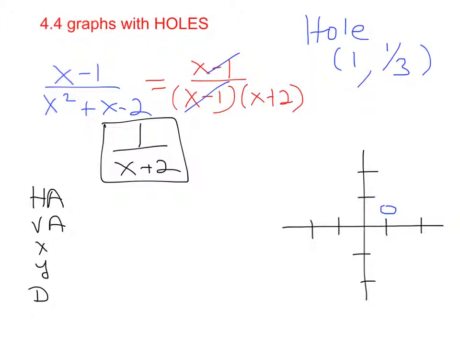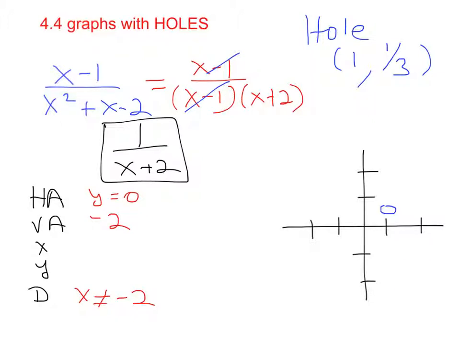Okay, so from this smaller expression, let's answer our normal questions. My vertical asymptote comes from the denominator, so I have a vertical asymptote at -2, and my domain restriction tells me that x cannot equal -2. For my horizontal asymptote, well, this is bottom heavy, so that's just y equal to 0. When it's bottom heavy, it's always y equal to 0.